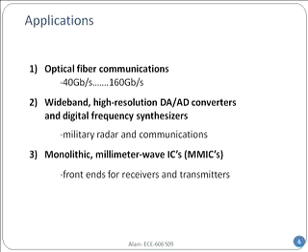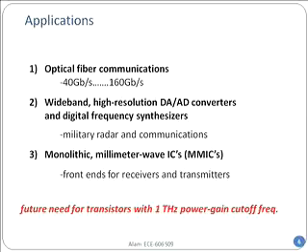Now, there are many applications, of course. First of all, in optical fiber communication, this is when I was in Lucent, I worked on 40 gigabit systems. So many of these very high performance systems are actually made of HBTs. Of course, there are A to D converters, and mostly these days, military applications for very high frequency equipment.